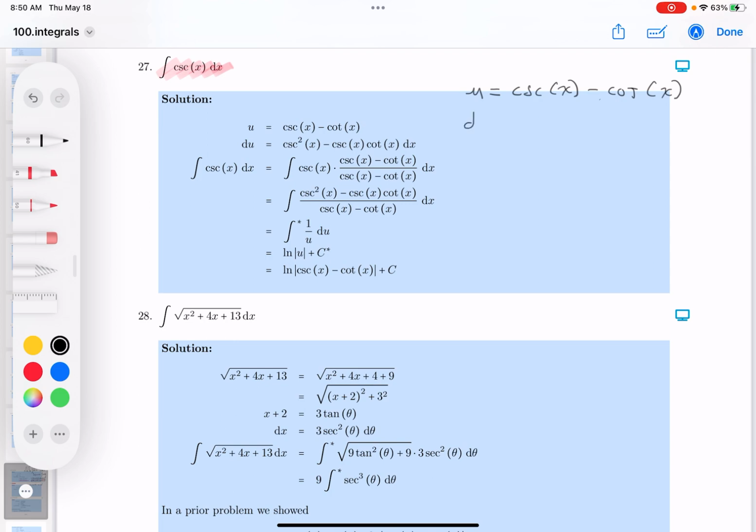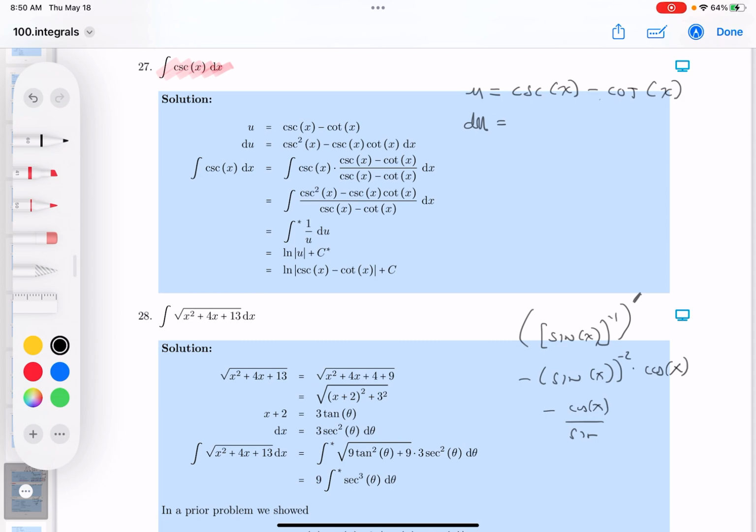So I recognize that du, let me just, I'm going to erase it for you, though, but cosecant is the same thing as sine x to the minus 1. And if you were to differentiate that, what would you get over there? Minus sine x to the minus 2 times cosine x. This is going to be minus cosine x over sine x.